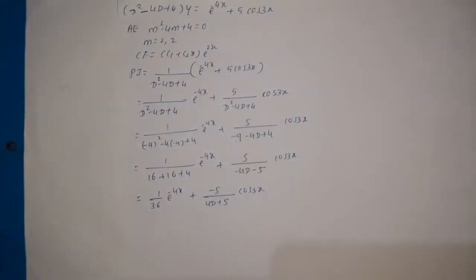Then here there is a linear factor which is remaining in the denominator. Whenever a linear factor is remaining, then we need to rationalize that.